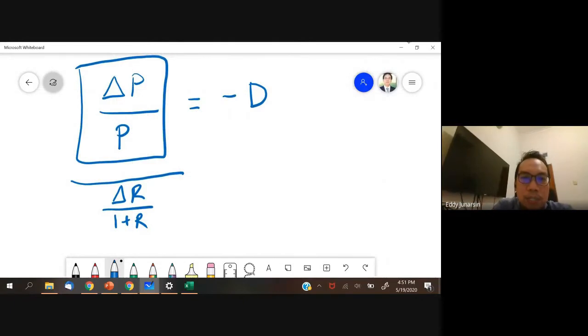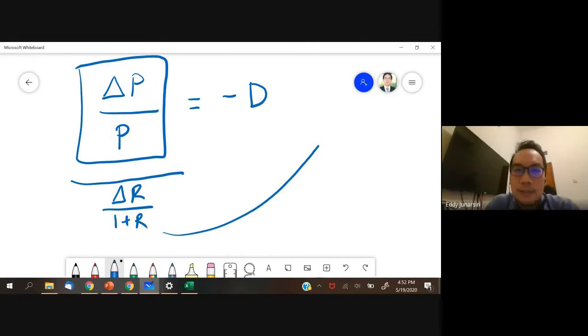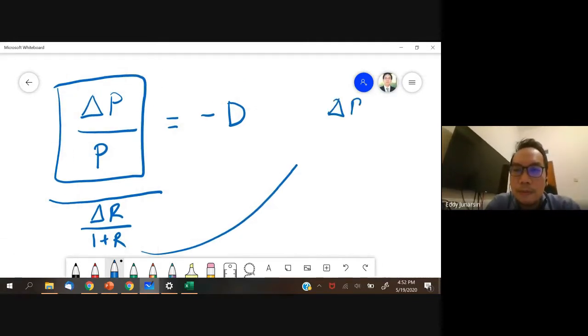So duration is essentially the change in price divided by original price, divided by the change in interest rate divided by 1 plus original interest rate. So you can say that duration is essentially the sensitivity of the price of something, maybe the price of an asset, to the change in interest rate, right? So when you move it here, I'll move back the position.